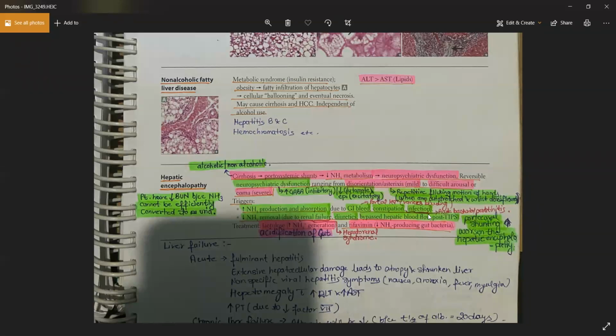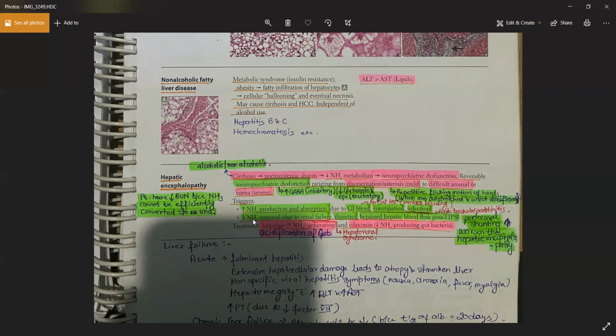Constipation can do that. Infection too, because there are bacteria, and these bacteria will release the ammonia, especially if you get spontaneous bacterial peritonitis. You can have a high ammonia level because of these bacteria. Second thing would be decreased removal of this ammonia. In case of TIPS, you will be bypassing the liver so that the clearance of the ammonia can never happen.